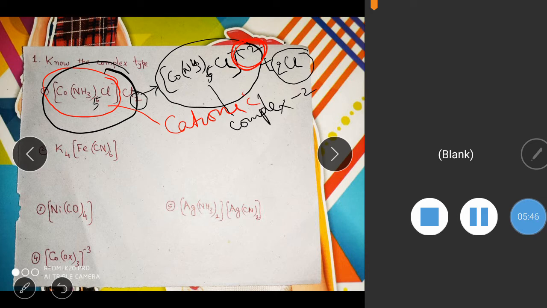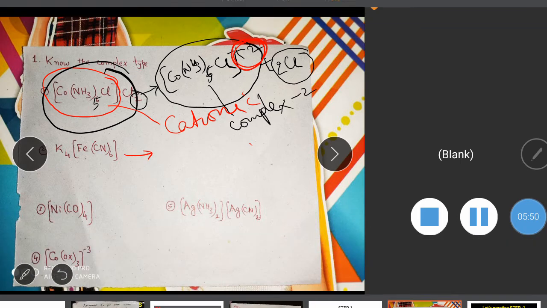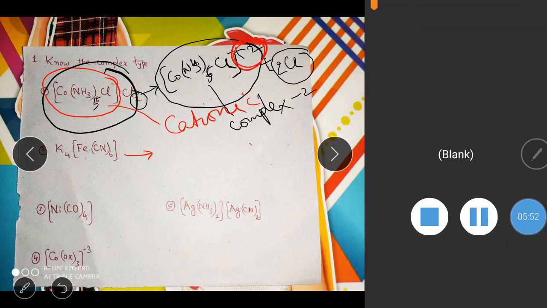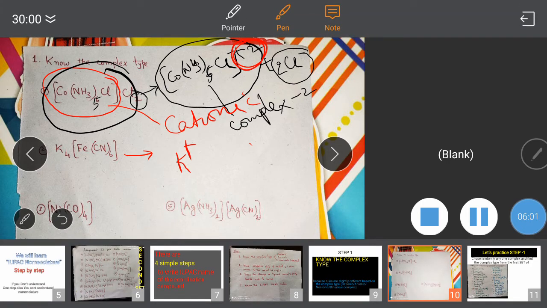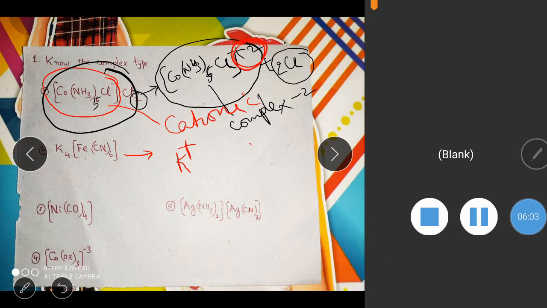Now, what do you call the next one? K will be outside the bracket, so it dissociates, and K gets plus charge. But how many K are there? 4 K, so it becomes 4 K plus. So this is one carrier. What do I get on the other side?